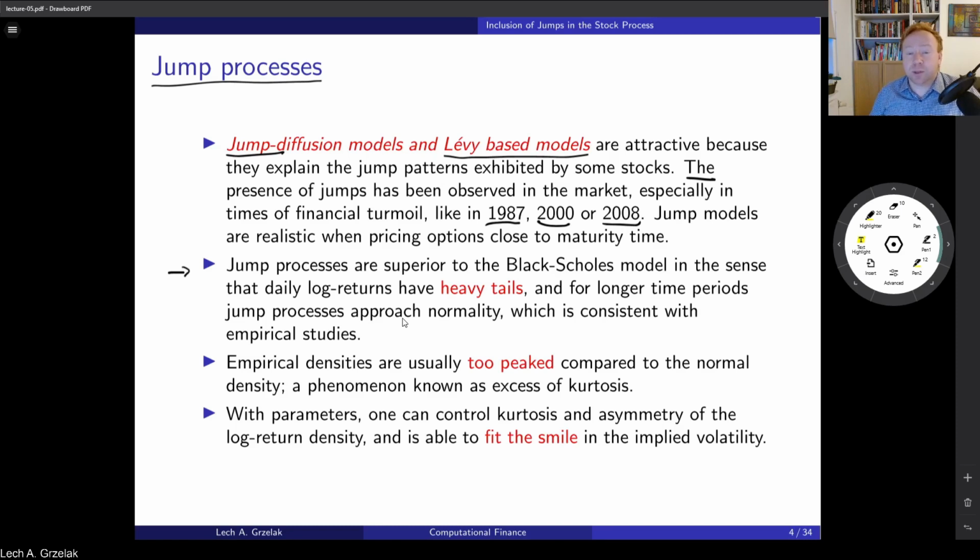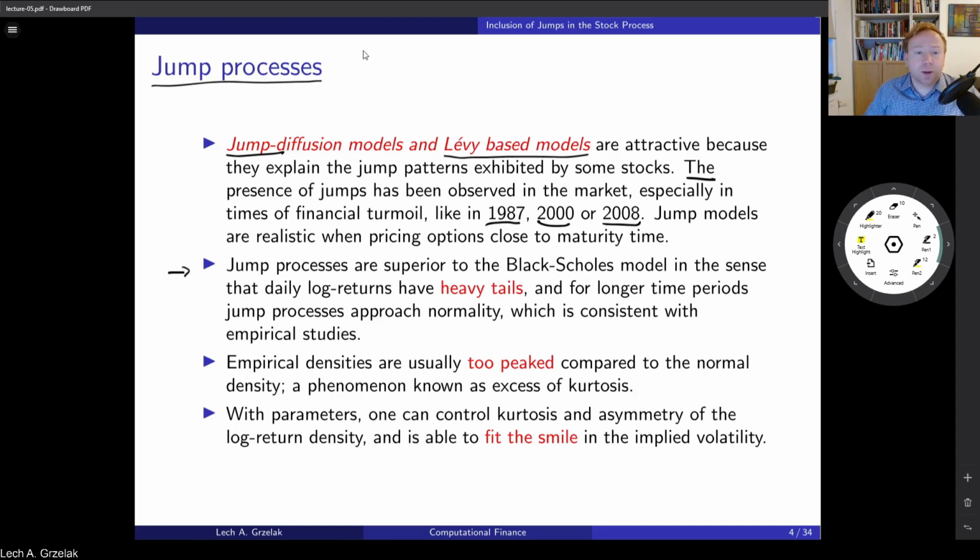If we have jumps in the framework, we can improve the properties, especially if we compare to stock behavior in the market. Empirical densities are usually too peaked compared to the normal density, a phenomenon known as excess kurtosis.